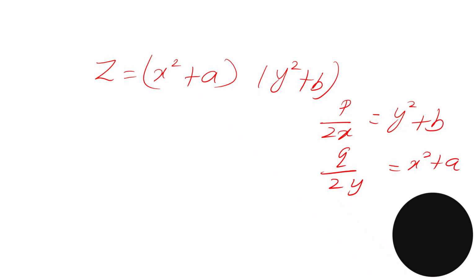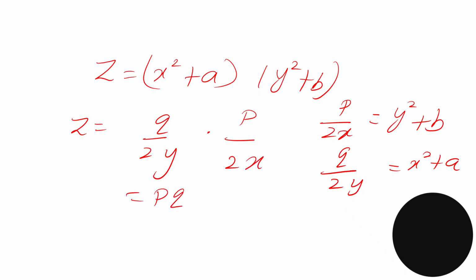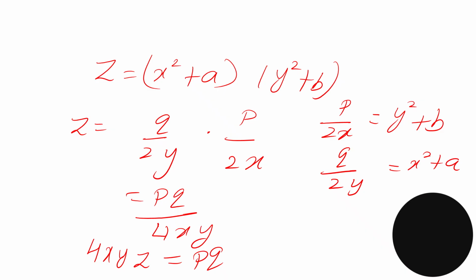So apply here: z equal to q by 2y into p by 2x. So you will get pq by 4xy. Now arrange the equation: 4xyz equal to pq. Now the constants a and b are removed. So this is the required PDE.